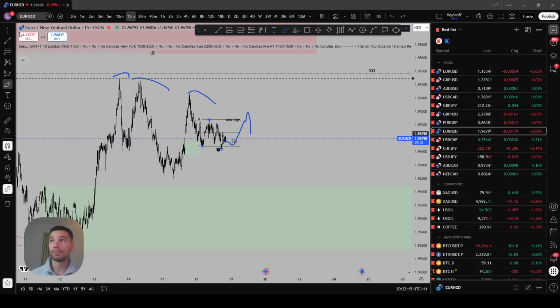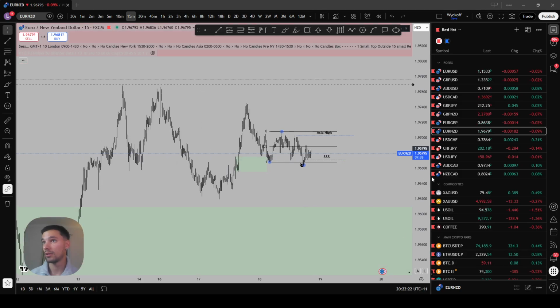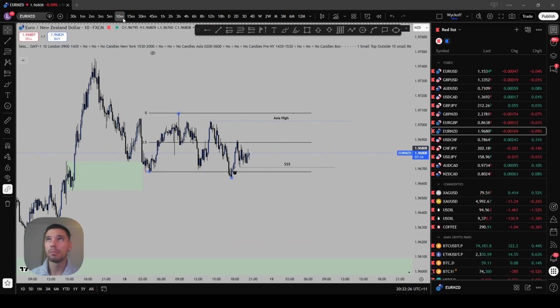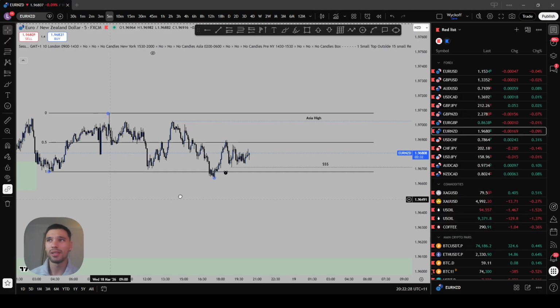So this low time frame accumulation range at the moment is still worth trading. Just wanting to see if there's a more refined POI below us, which I don't think there is.